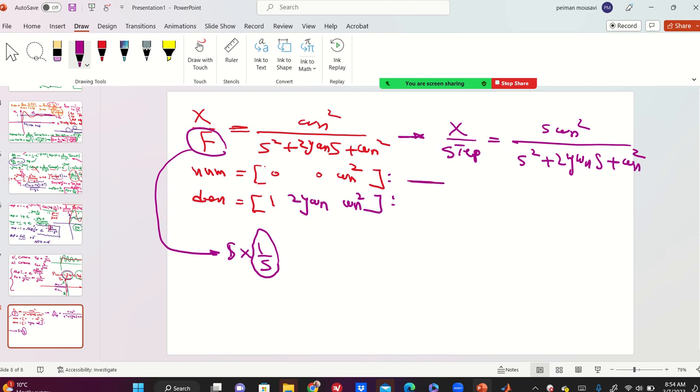So for the impulse, these are for a step. As we know, for the impulse, you have a new num, which is 0, omega n squared, and 0. See the difference between them?